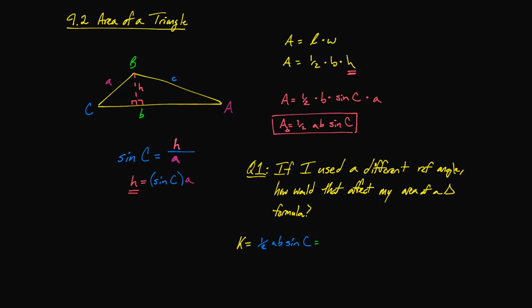Now you should have gotten that you still have this half in there, this multiplier. If I'm using the angle B, sine of B, then the other two sides are being utilized to multiply it, and we get AC times sine of B. And let's have that equal to 1/2, and now, instead of AB, in this case the angle is A, so we have sides B times C multiplied by sine of A, the angle.